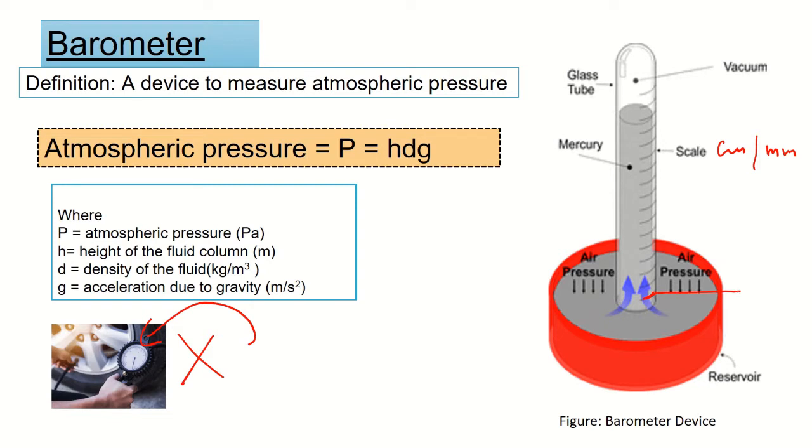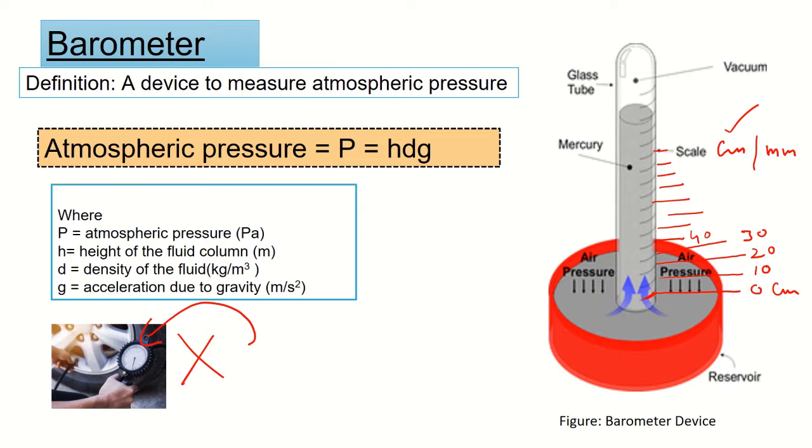If I take centimeters, this is 0 centimeter, this is 10 centimeter, this is 20 centimeter, and this is 30 centimeter. Likewise the scale goes up this way: 40 centimeter, 50, like this. So the scale is going up.